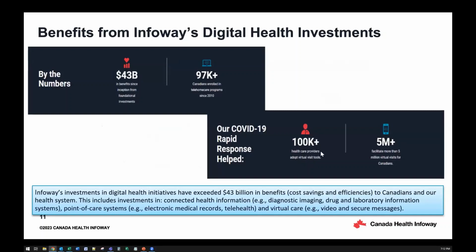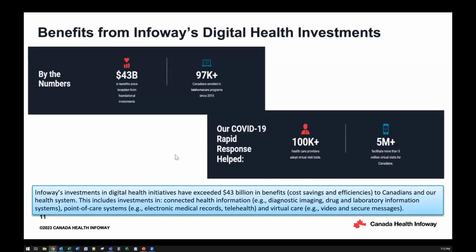Okay. So here we're looking at an overview by numbers of some of the benefits realization of Infoway's digital health investments to date. There's an estimated amount of about $43 billion in benefits recorded since 2001, mainly in connected health information, enhancements to EMRs in the areas of telehealth and virtual care programs overall.